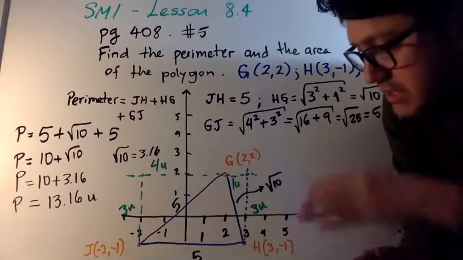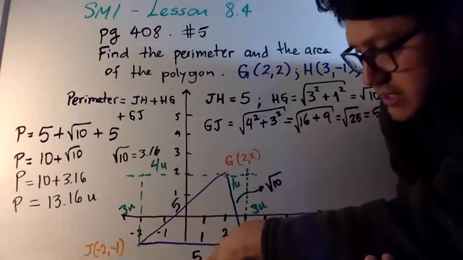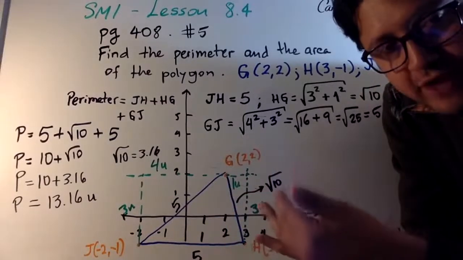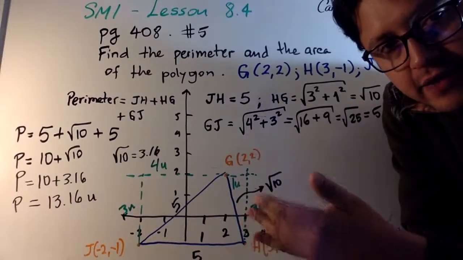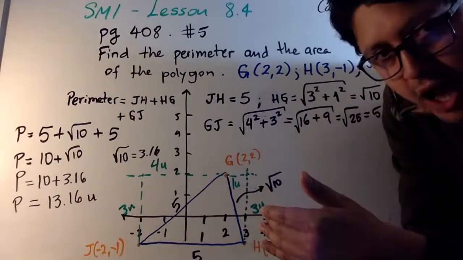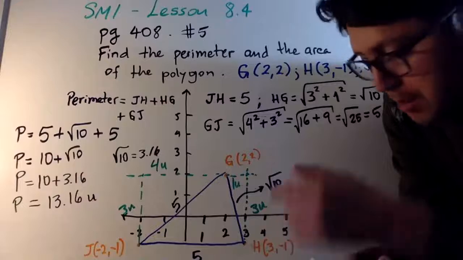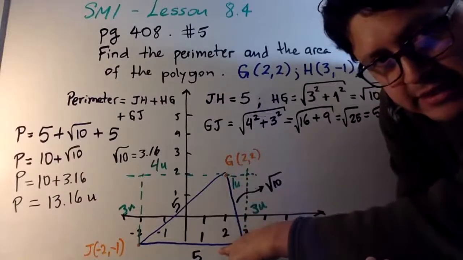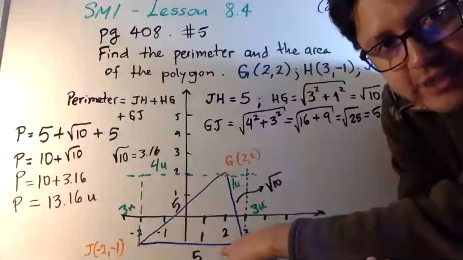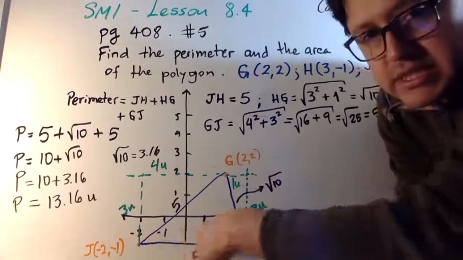At this point, it's easier to use this segment JH as the base, so that the height or altitude of this triangle is going to be a segment that is perpendicular to the base, and also comes from the vertex that is opposite to this segment.